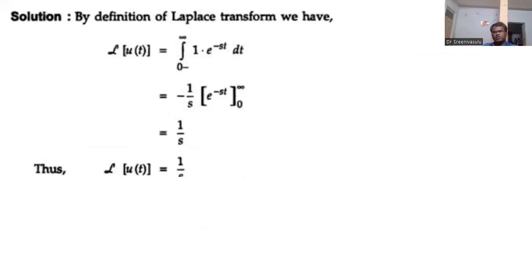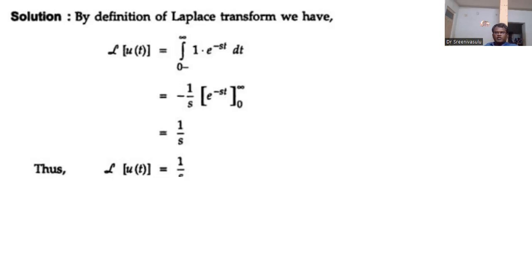Now, after substituting these limits, instead of t, the first one is e power minus s into infinity minus e power minus s into 0.